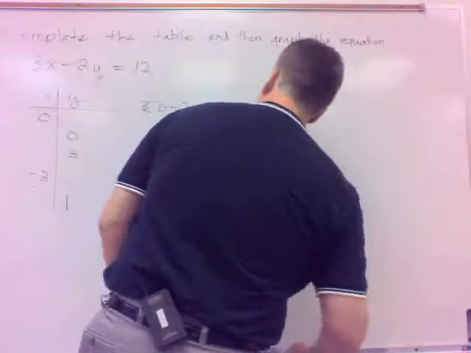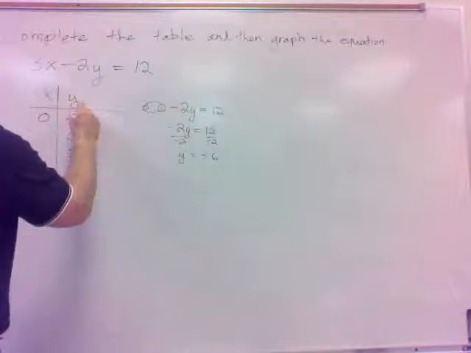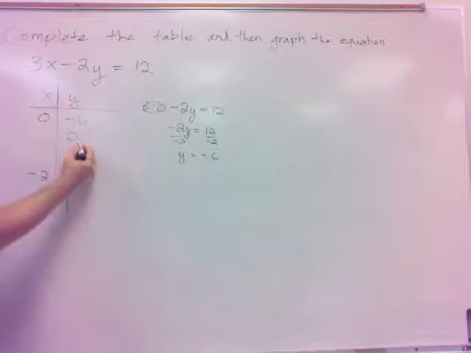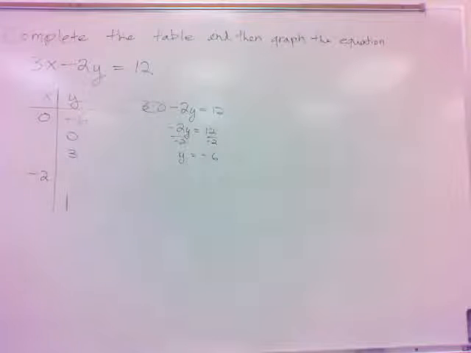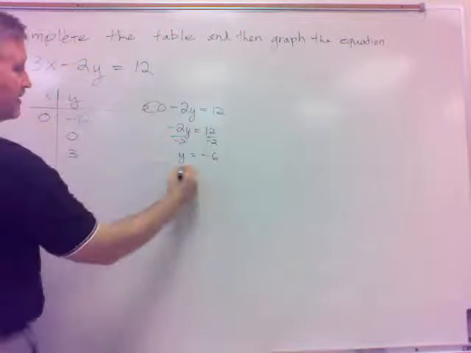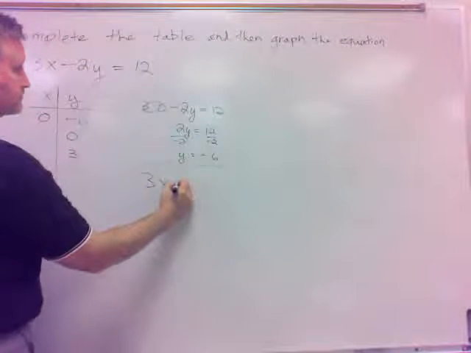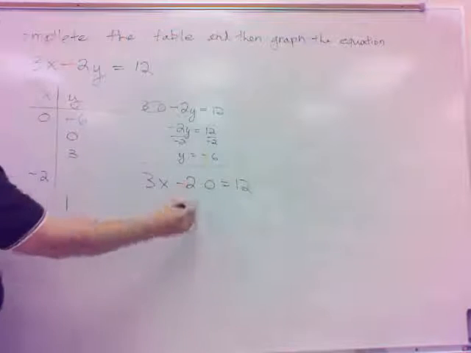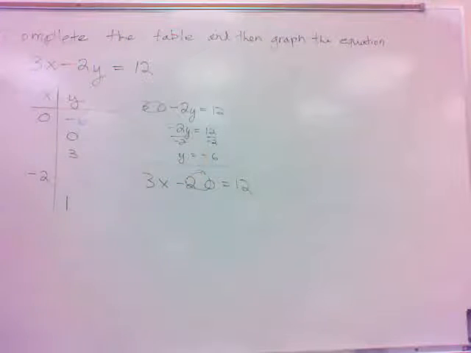So y is negative 6 in that scenario. Okay? When y is 0 is the second line, so we do the very same thing, except in my equation, y is going to be 0 there. Well, a similar nice thing happens. 2 times 0 is 0.